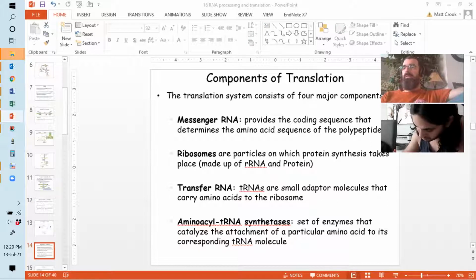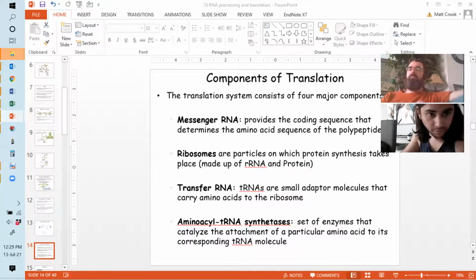If one thing doesn't work, it's not going to work at all. But in terms of the actual translation part, turning mRNA sequence into polypeptide sequence, it's tRNAs that do that. They're the intermediary, or you could think of it like the Rosetta Stone, right? Translated hieroglyphics to Sanskrit, I think, from memory.